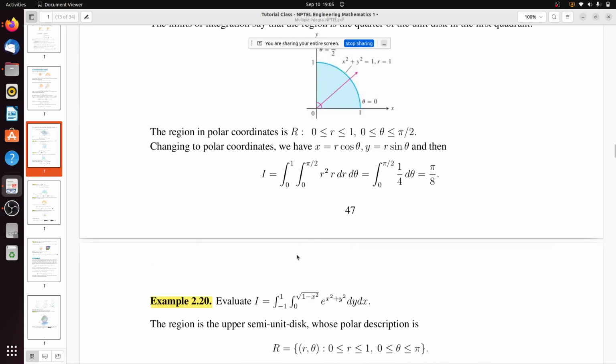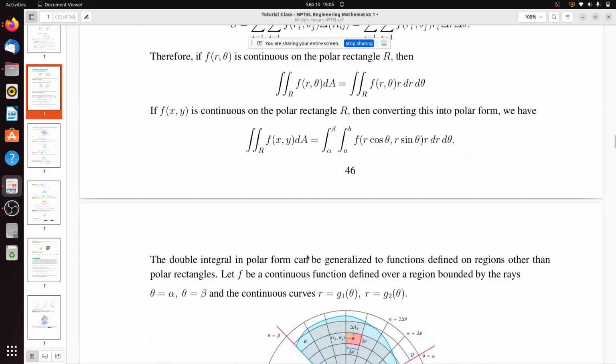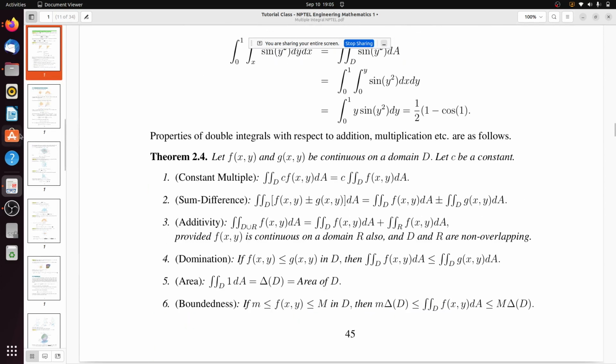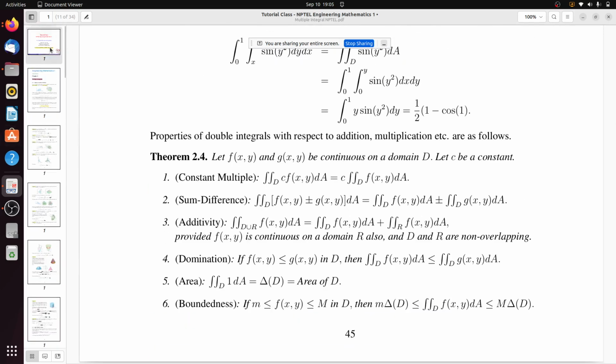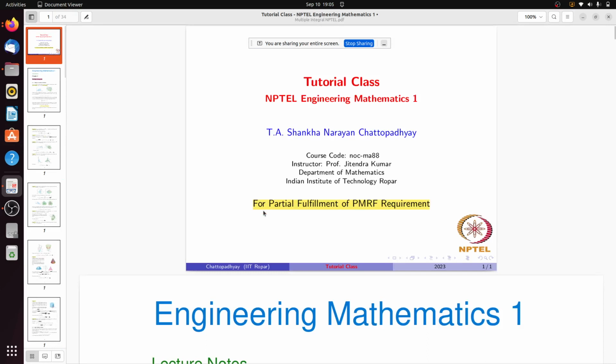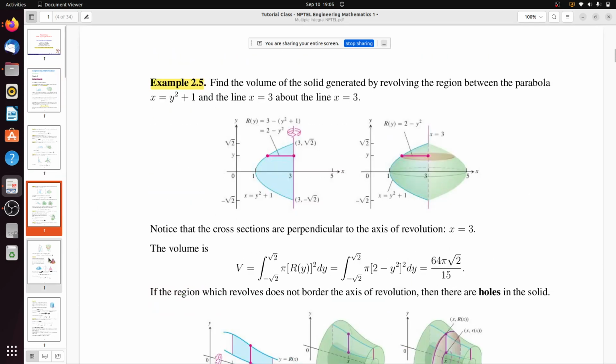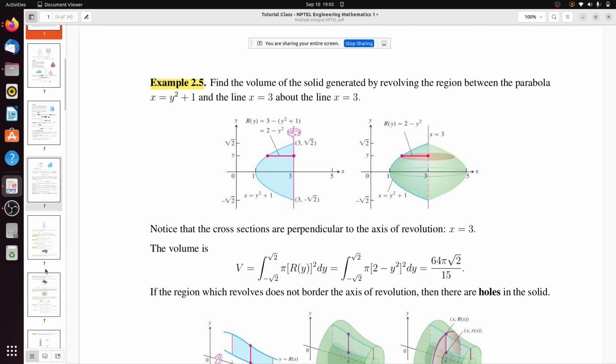So the takeaway from today's class is that we have learned how to solve multiple integrals using the concept of iterated integrals, Fubini's theorem, and so on. This Fubini's theorem is very important from your perspective. First we determined how to compute the volume of revolution, this type of concepts.